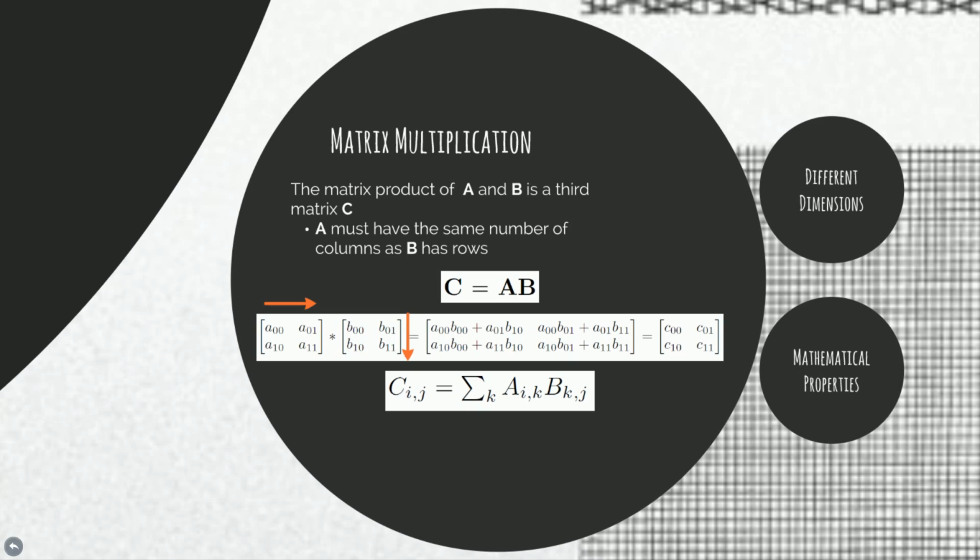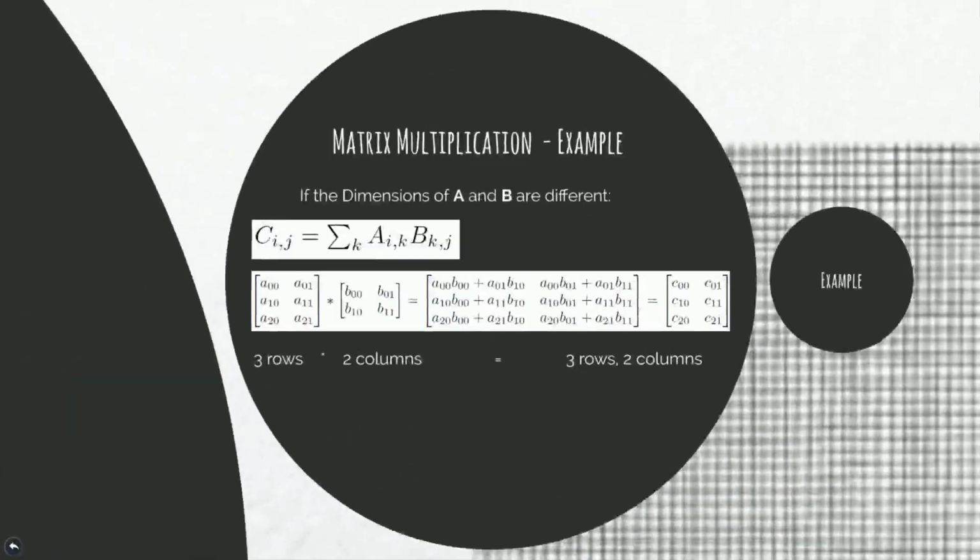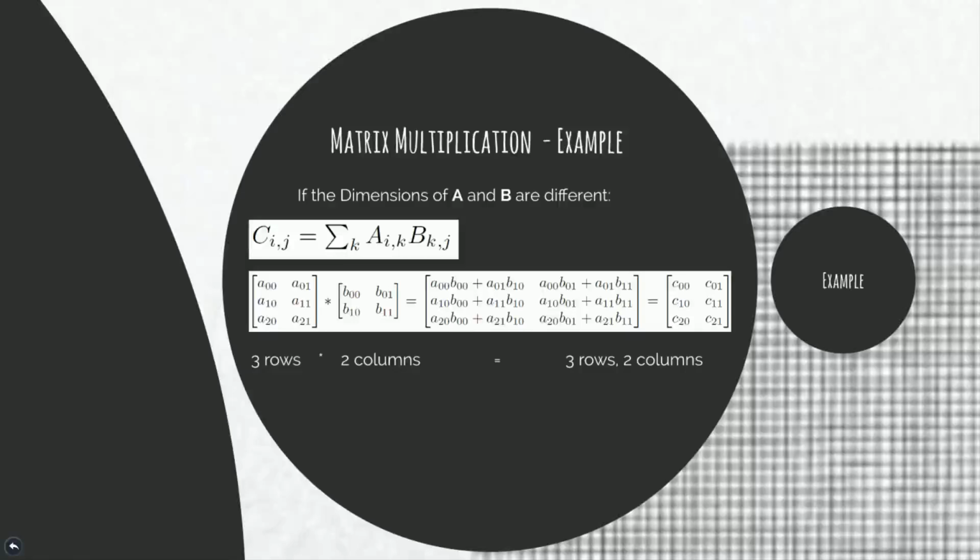So let's take a look at some actual numbers, because practice makes perfect, and this will help this make a little bit more sense. So if we have an example where we don't have exactly the same dimensions, we do still need to have the same number of columns in A as rows in B, and that's what we have.